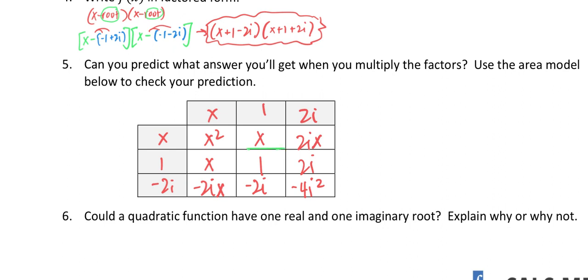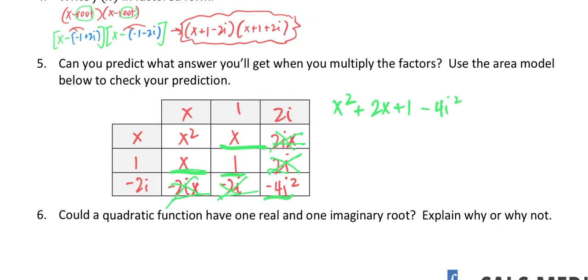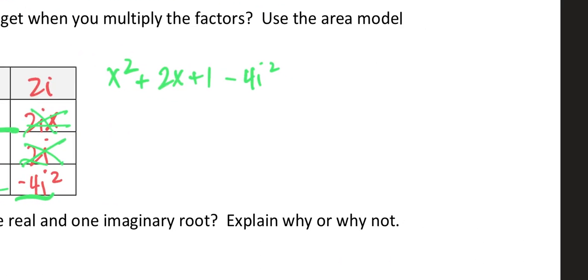Okay, let's add our like terms, because we have like terms that are kind of diagonal from each other. So we have 2i and negative 2i actually add to 0. Same with 2ix and negative 2ix add to 0. So we're left with x squared plus 2x, plus 1 minus 4i squared. Now, we know i is equal to square root of negative 1. So what is i squared?